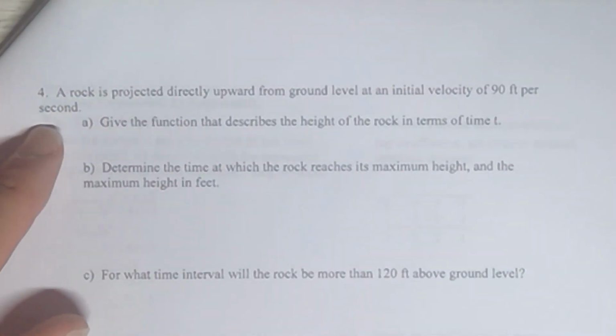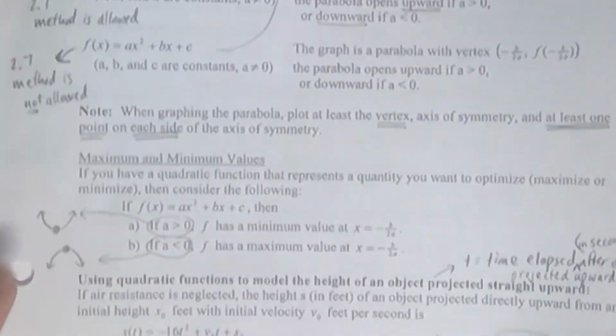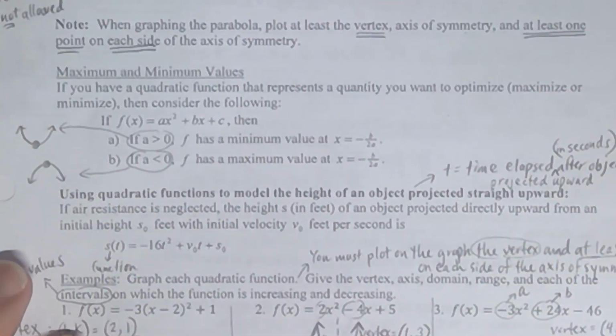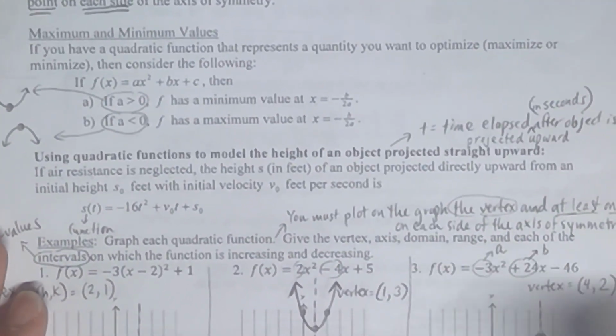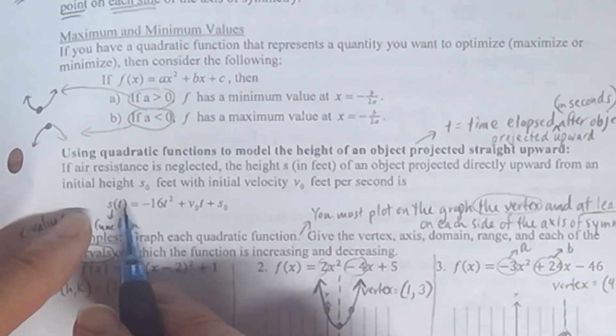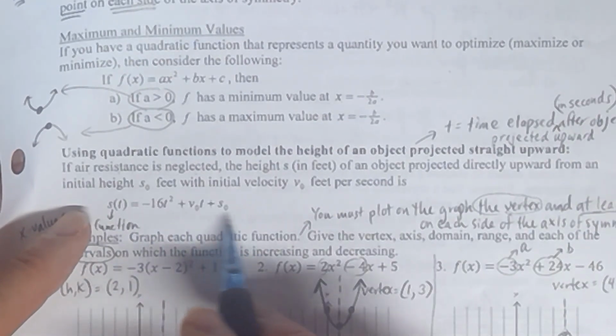So when you just have a free-flying projectile like that, not like a rocket, but just something that is only affected by gravity after it leaves its initial spot, we have this formula right here, s of t equal to negative 16t squared, and then the rest of this stuff.